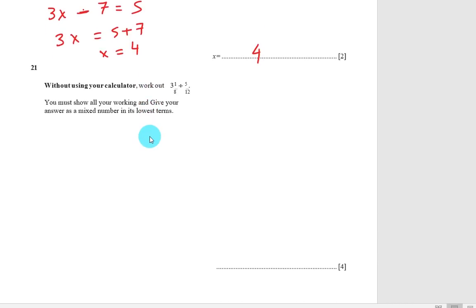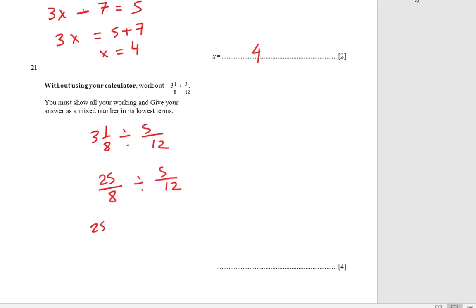Without using your calculator, work out 1/8 divided by 5/12. So let us start. 3 and 1/8 is equal to 24 plus 1, so 25 divided by 8, divided by 5/12.